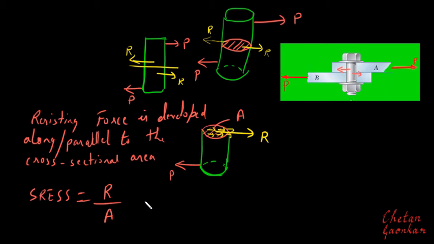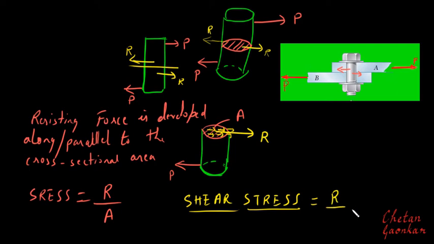And this kind of stress will be called shear stress. What are shear stresses? Shear stresses are the stresses which are developed because of the resisting forces which get generated along the cross section or parallel to the cross section, and this is again given by R by A.